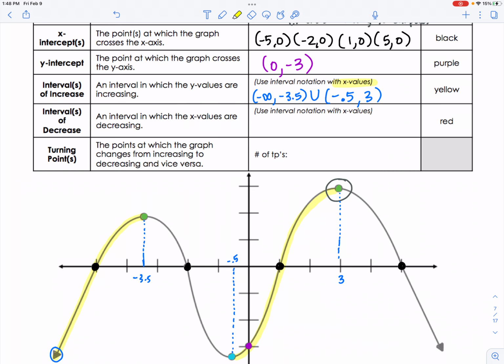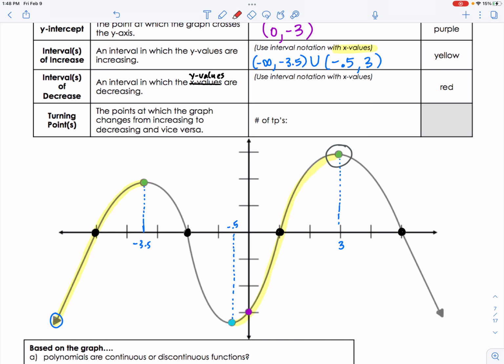My decreasing, we're going to put in red. So an interval in which the y values are decreasing. Where are my y values decreasing, not x? In red, I'm going to put that interval. So here we're going from negative 3.5 down to the blue, which is negative 0.5. And then from 3 this way.